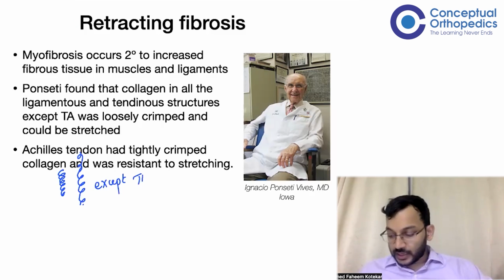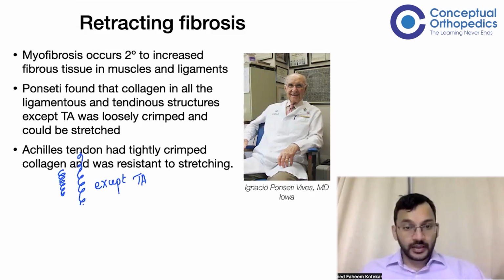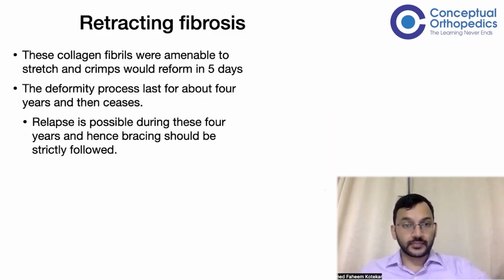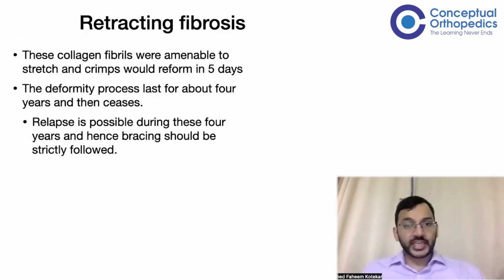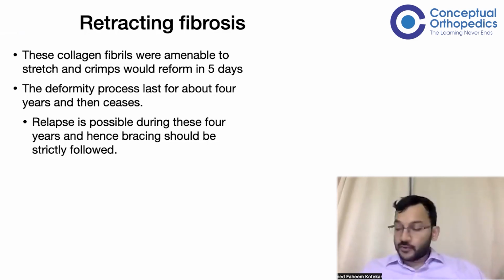the tendo Achilles. So this is what Ponseti has told us, that the crimps develop on stretching in the collagen fibers of all the ligamento-tendinous structures except the tendo Achilles. These collagen fibrils were amenable to stretch, and crimps would reform in about 5 days.